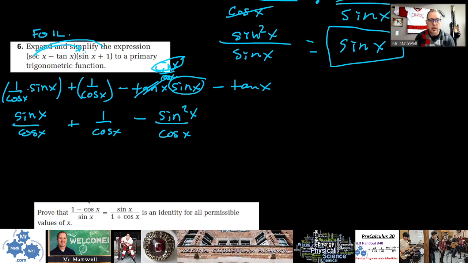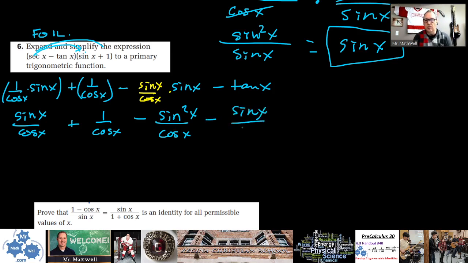Hopefully you can see that. I've rewritten this tan x as sine x over cos x. See that? So now here's the simplification, sine times sine over cos. And then minus tan x is minus sine x over cos x.